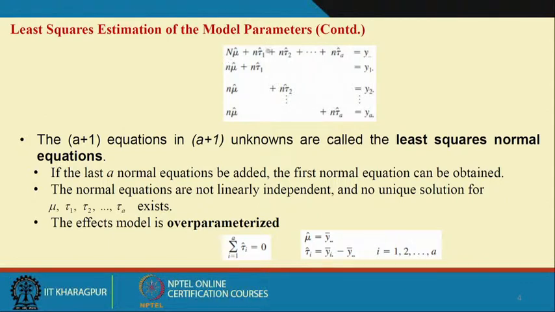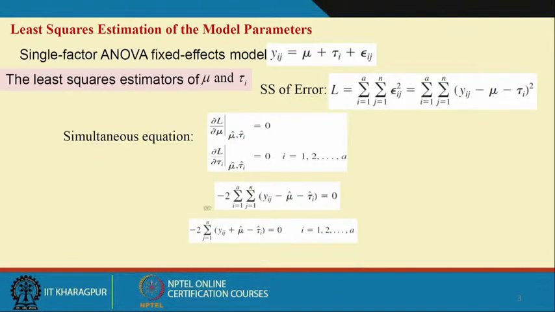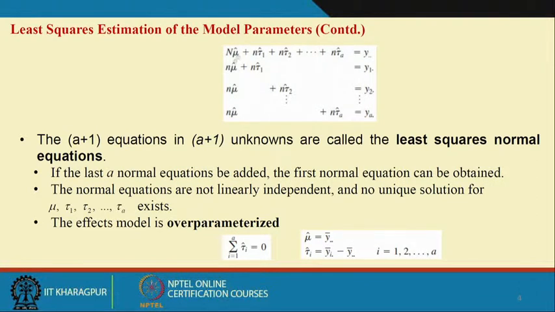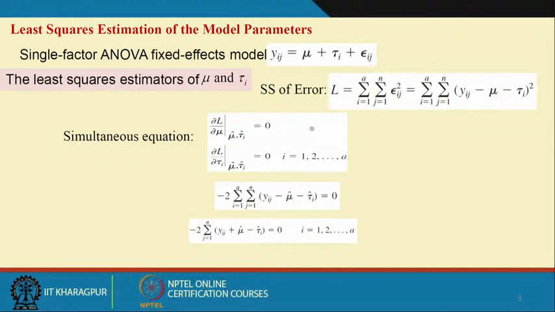How is this equation coming? Suppose you just think of this equation equal to 0. The sum total of y_ij across j and i will give you n mu, and this gives y double dot, that is the grand total, and then mu here n times, where n means the total number of observations.